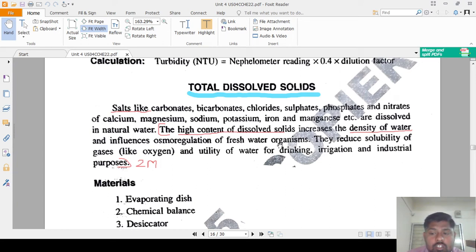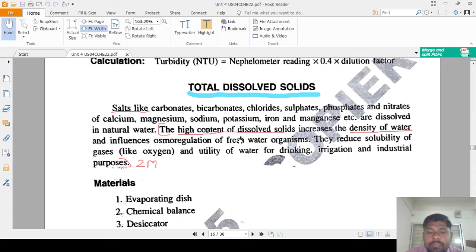They reduce the solubility of the gases like oxygen and the utility of the water for drinking, irrigation and industrial purposes. Okay. So, that is the side effect, or that is called the drawback, of the TDS present in the water.